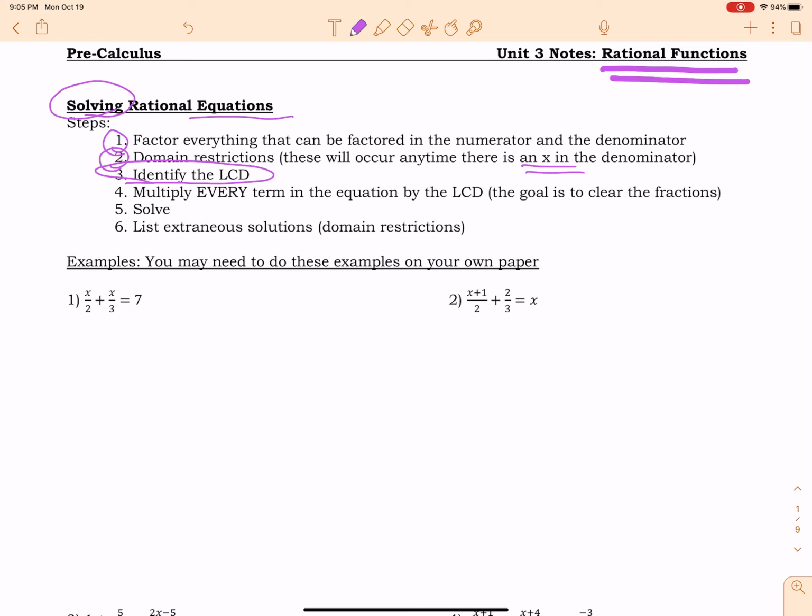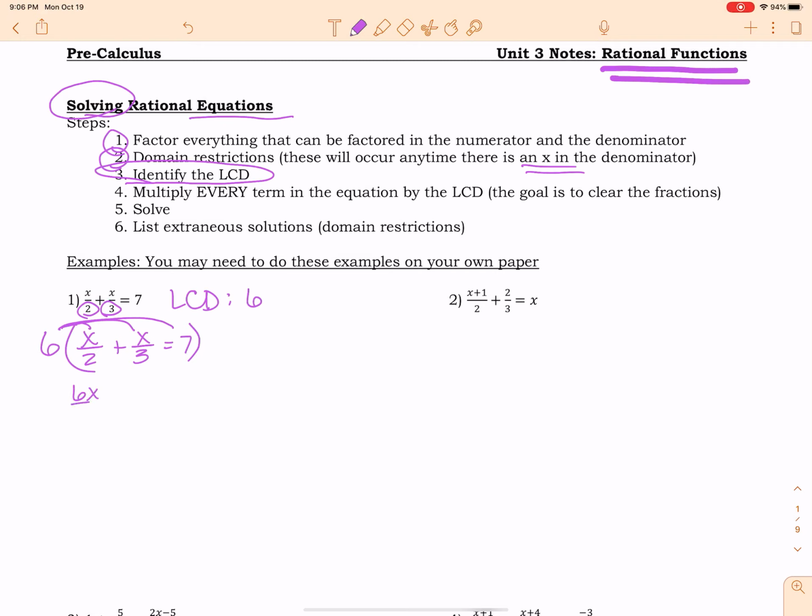There's no factoring I can do, and there's no x in the denominator, so I'm just going to start with my LCD. It is 6 because it needs to contain a 2 and a 3. So that's why I chose 6. So I'm going to take x over 2 plus x over 3 equals 7. I am going to multiply every single term by 6.